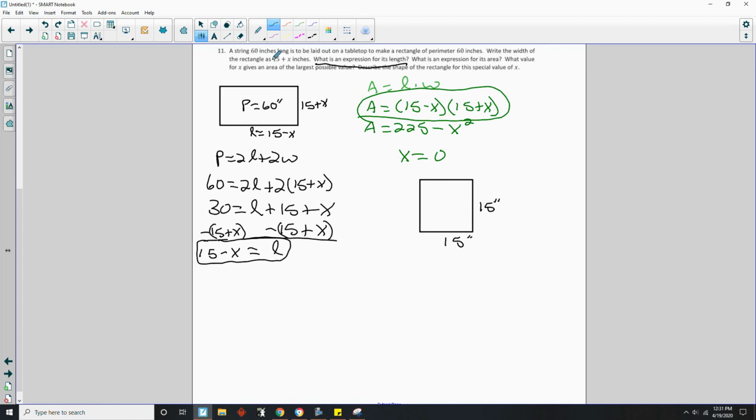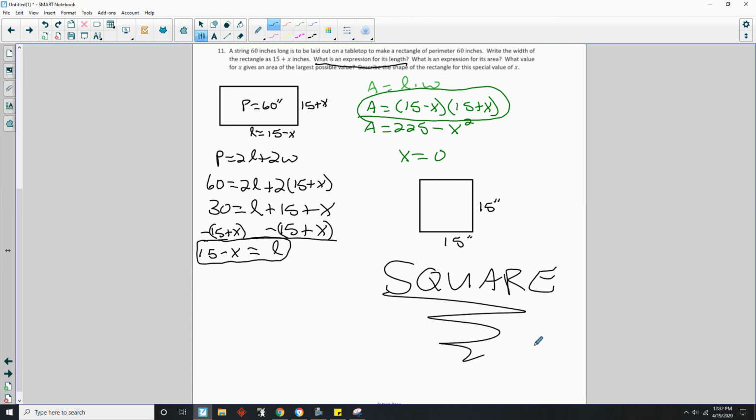So what value of x gives an area of the largest possible value? Value x equals 0. And then it says, describe the shape of the rectangle for this special value of x. Well, when x is 0, it's a 15 by 15 square. There's the description of the shape.